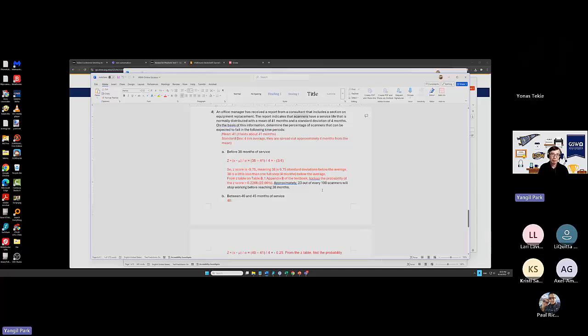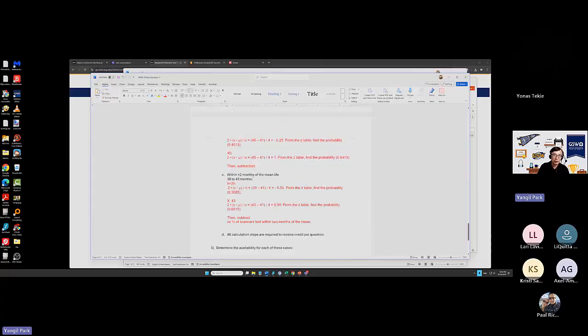So they try to measure the average working time of the scanner in terms of number of months of service. This is before 30 months of service, between 40 and 45 months, and also the mean life.